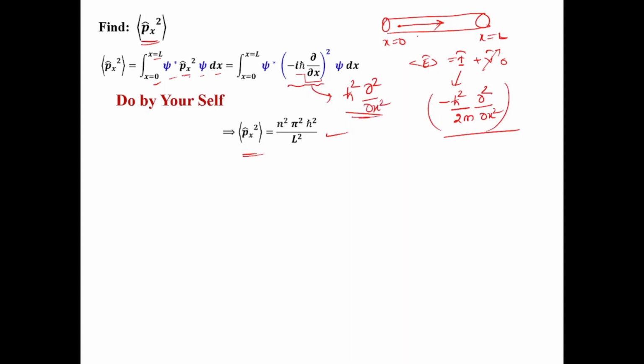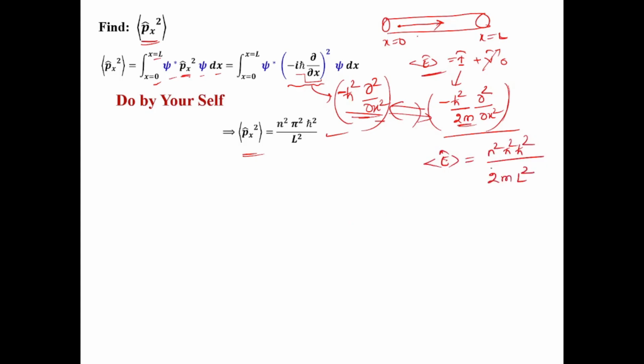So here px square, if I consider, this will be minus h cross square del square by del x square, and if I compare this with the kinetic energy, only the 2m is in the denominator. Okay, for total energy we found the expectation value of total energy: n square pi square h cross square by 2m L square.